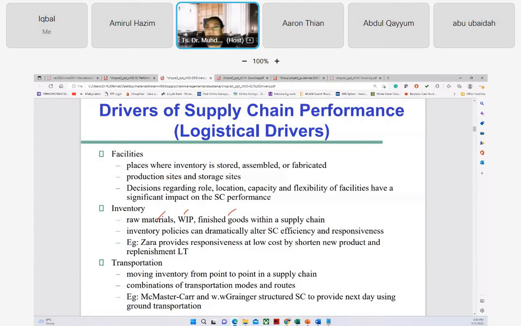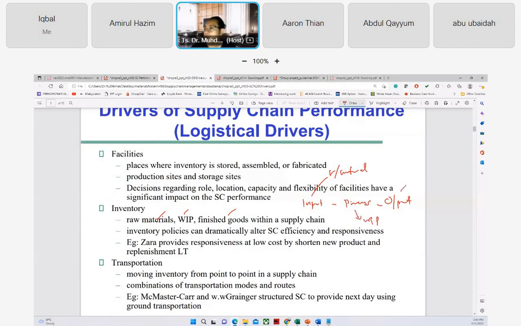Within a supply chain, when we talk about inventories, we talk about input, process, and output. Input we call raw materials, process we call work in progress, and output will be the finished goods. This is what it's all about with regard to this statement.